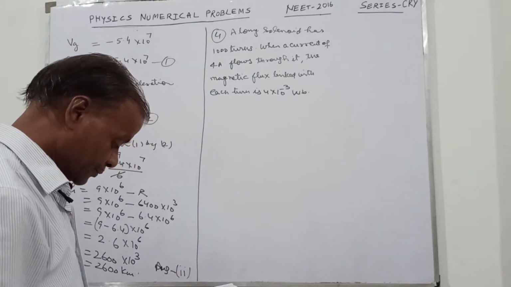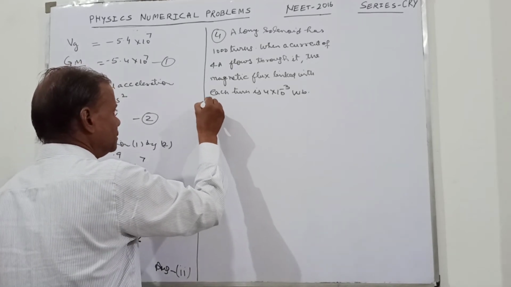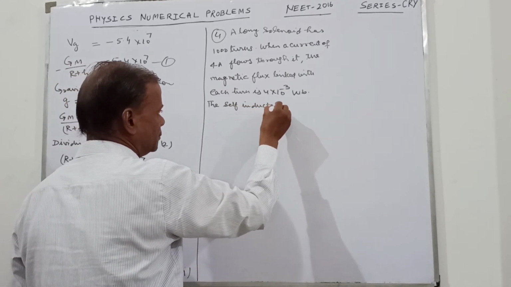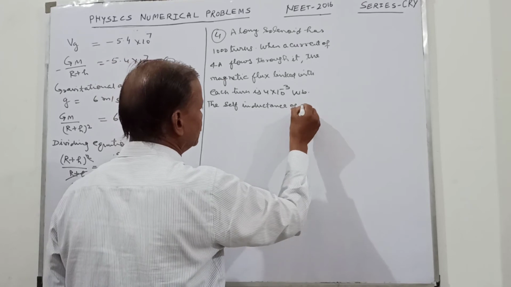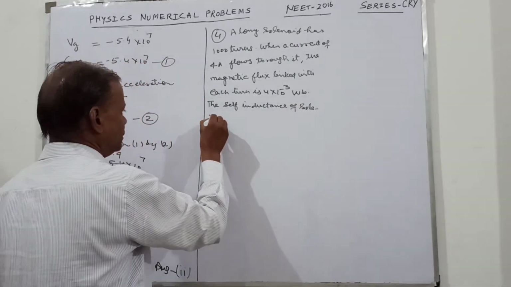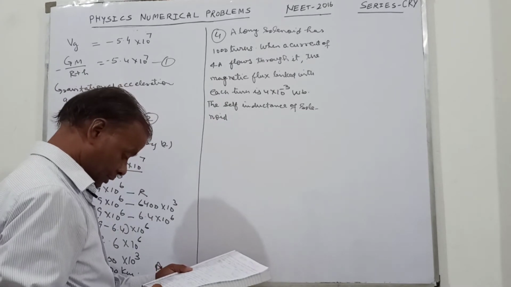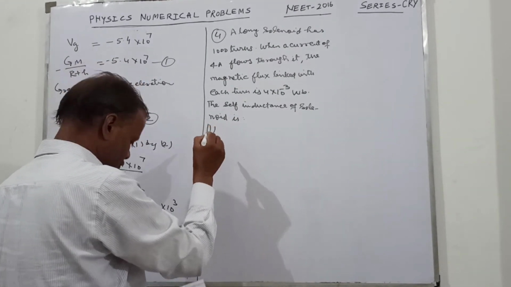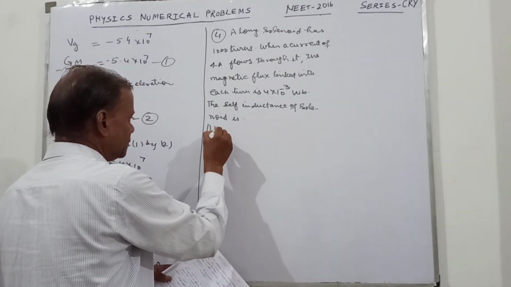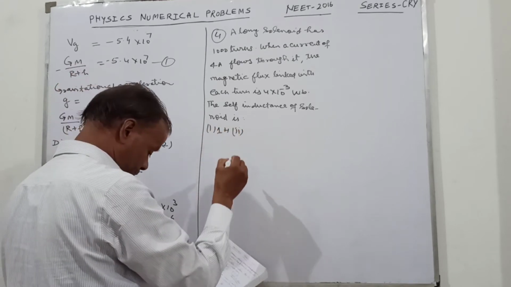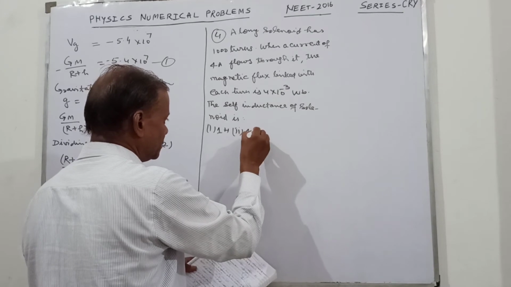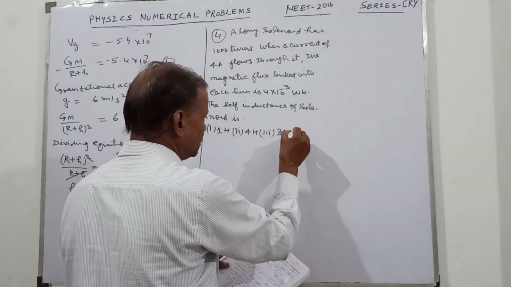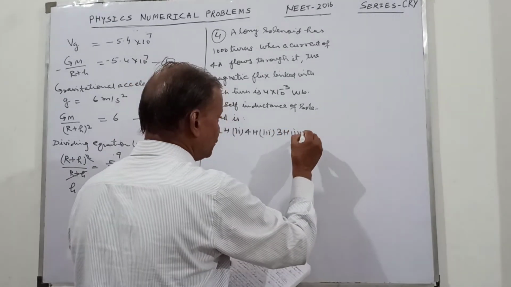The self-inductance of the solenoid is: options are first 1 Henry, second 4 Henry, third 3 Henry, and fourth 2 Henry.